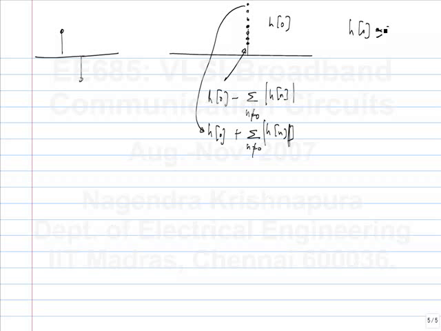So this is the value you wanted to receive for a symbol 1, but you receive a range of values, and you have to make sure that the minimum value is sufficiently above 0 for the given amount of noise. So let's say the impulse response was just H of 0. There was no ISI. Then in response to 1, you will get H of 0, and there is no intersymbol interference.